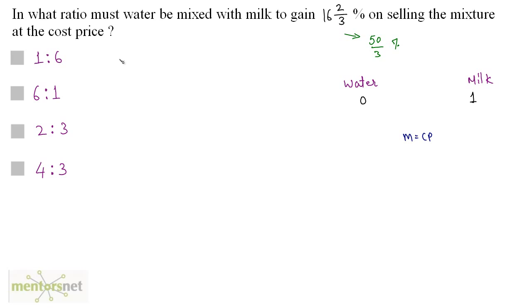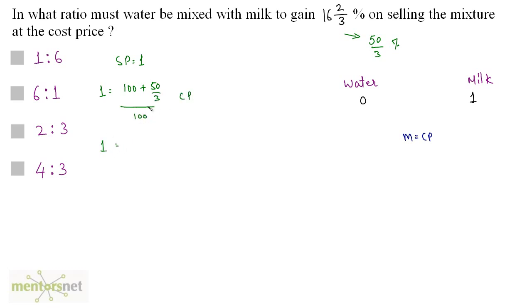So if we assume that the selling price of the mixture is 1 rupee per liter and there is a gain of 50 by 3%. So 1 is equal to a 50 by 3% increase of the cost price. So that's 100 plus 50 by 3 upon 100 of the cost price.